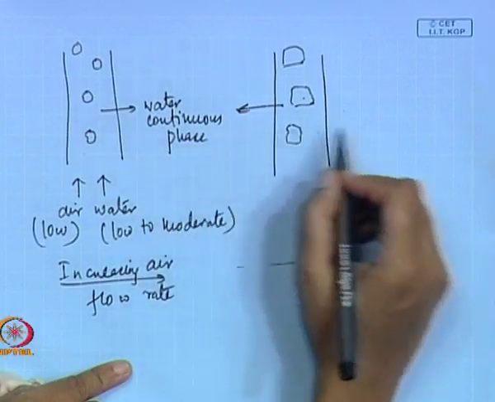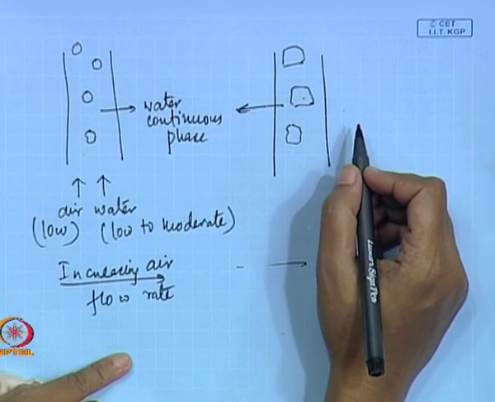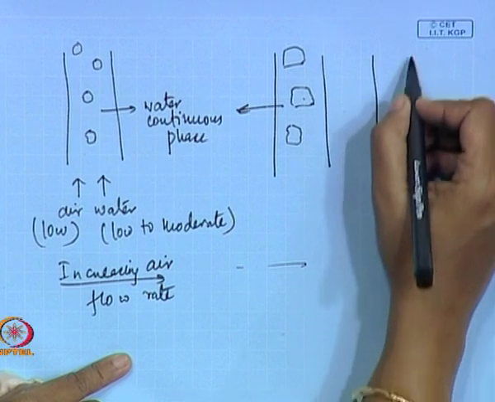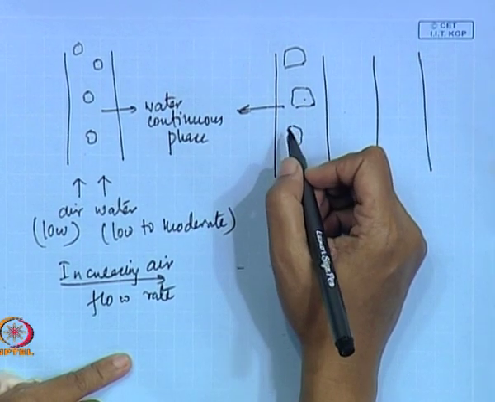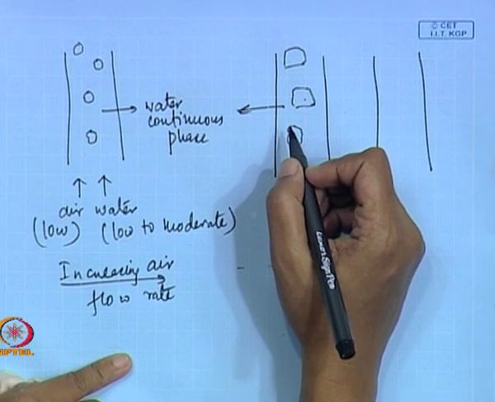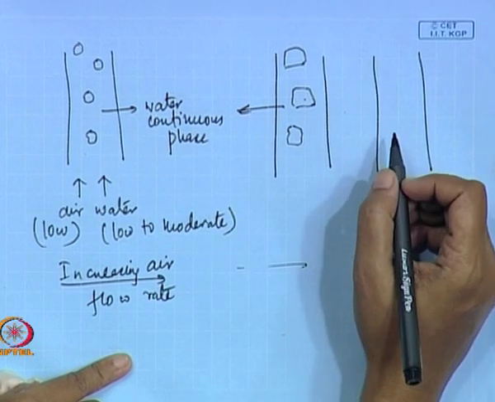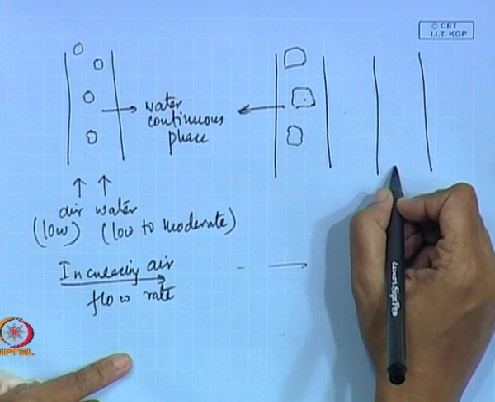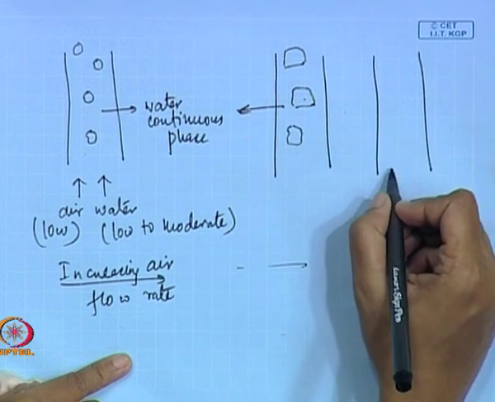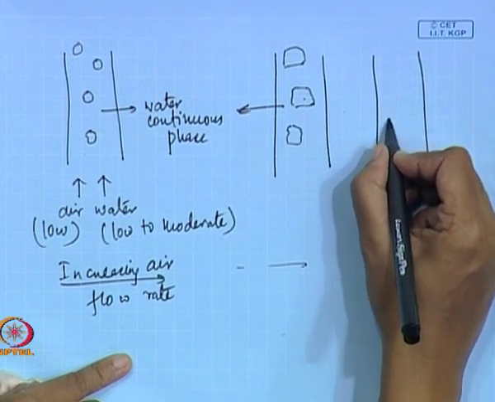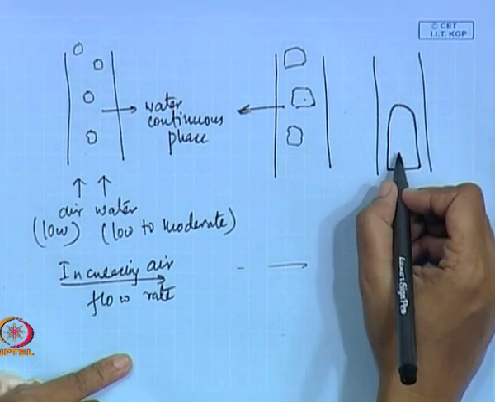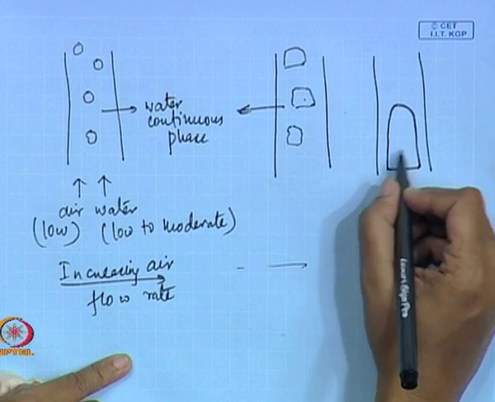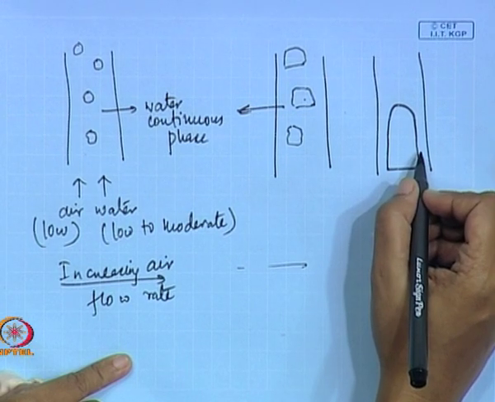Now, as we keep on increasing the air flow rate further, what we find? The size as well as the frequency of these gas bubbles both increase, and finally a situation comes when they gradually coalesce and form elongated bubbles whose size is comparable to the tube diameter.